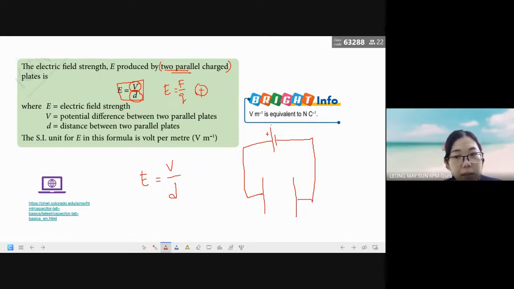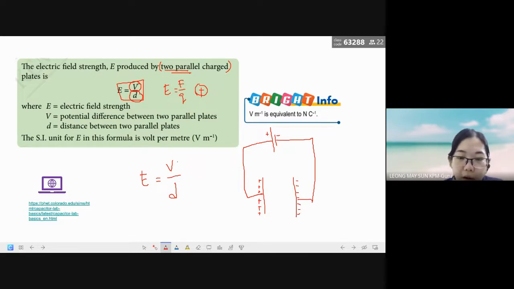The longer line symbolizes positive, the shorter line symbolizes negative in the battery. So when it is positive, this plate will all be positively charged. And the one connected to the negative will all be negatively charged.